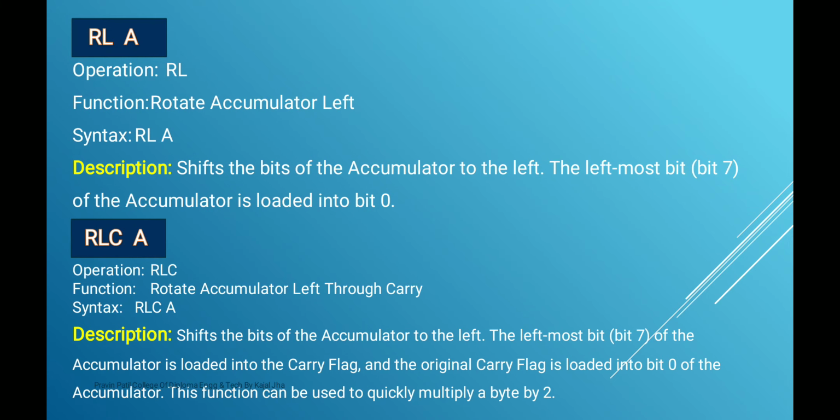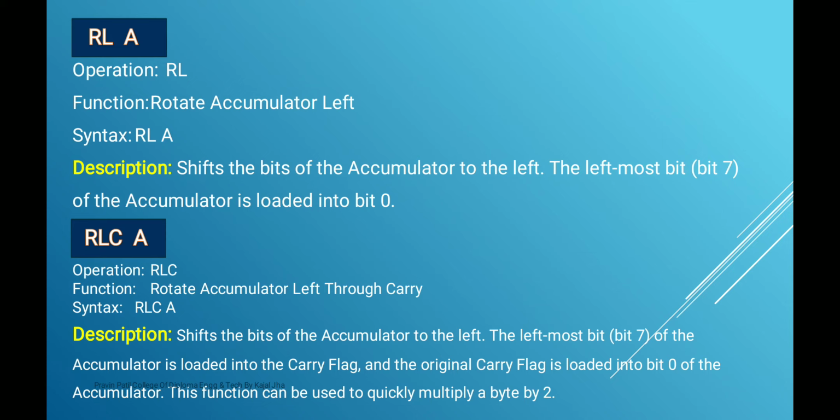After that, RL, that is rotate left. Rotate the content of the accumulator left by 1 bit. It shifts the bits of the accumulator to the left. The leftmost bit, bit 7 of the accumulator, is loaded into bit 0.